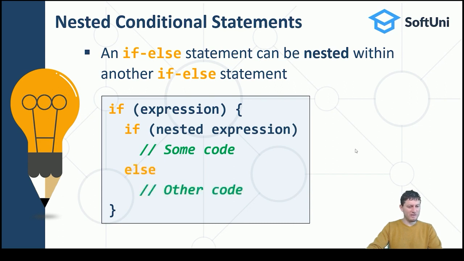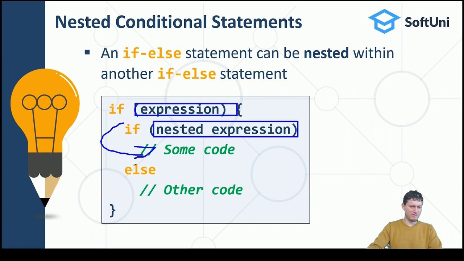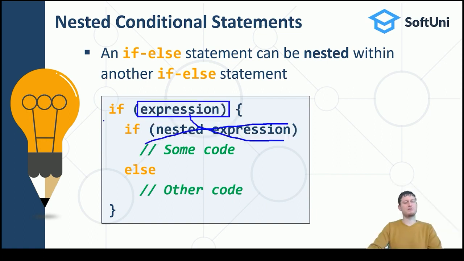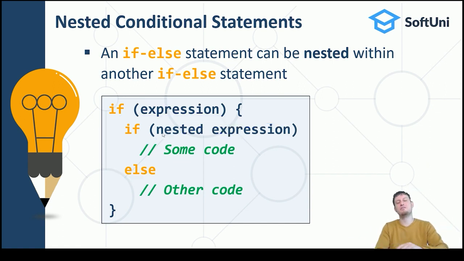So if this is true and at the same time this is also true, this code will be executed. If this is true but this is not true, this code will be executed. So we have more flexibility if we nest if-else statements inside other if-else statements.